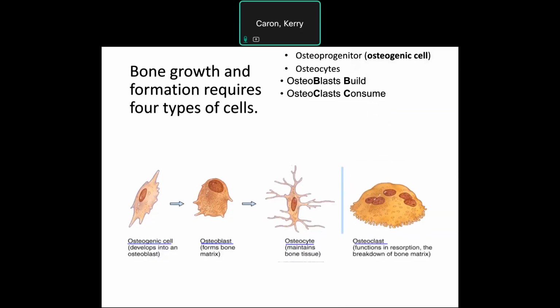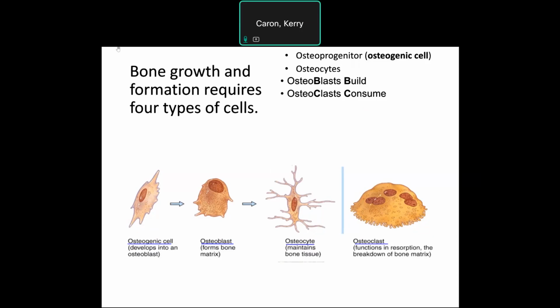So an osteogenic cell, let me move this over here. So an osteogenic cell is also called an osteoprogenitor. That's the same thing. And an osteocyte just means bone cell. So an osteogenic cell becomes an osteocyte or cell, okay?